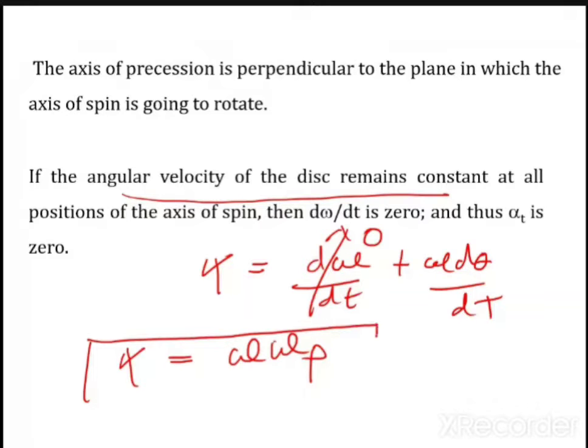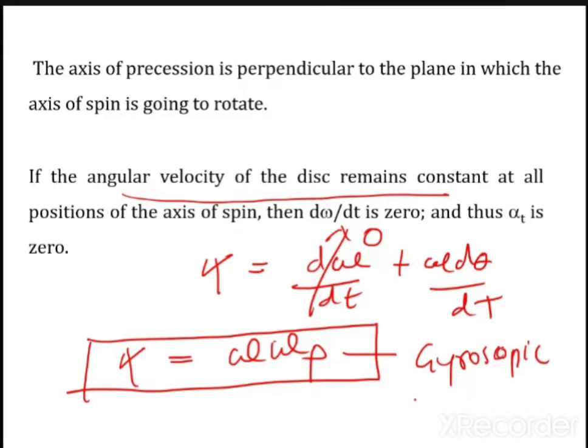And this alpha equal to omega into omega p is called the gyroscopic acceleration. This product of omega and omega p, the angular velocity of the axis of precession and the angular velocity of the spinning body, is nothing but the alpha. So this was the total acceleration.